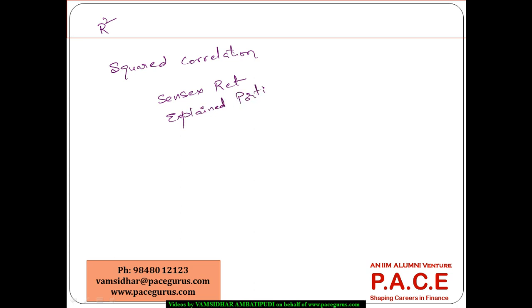If I look at the explained portion as the predicted value, and I compute the correlation between the Sensex return and the explained portion of the model and take the square of it, that is the R squared. Here the R squared value is extremely high. So the variability in the entire Sensex return, which is unaccounted for by the various sectors, is very small.